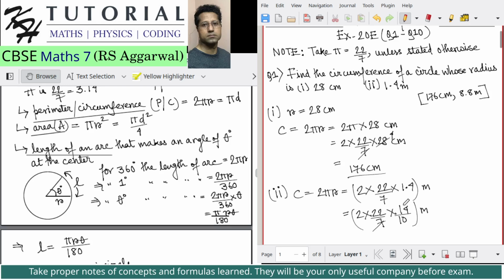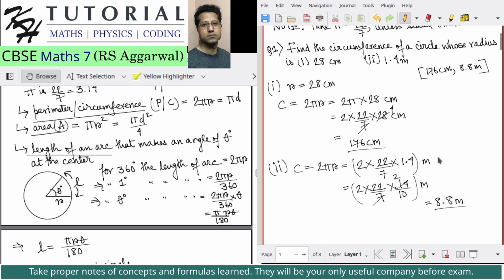So if we now simplify, this will be 88, so 8.8 meter. So this problem was straightforward. We have to find the circumference based on the given value of radius.